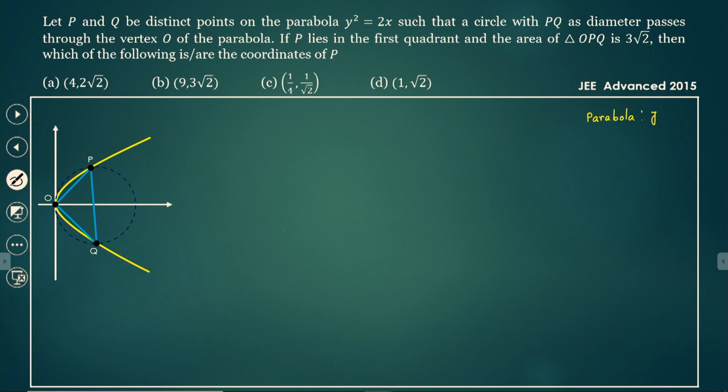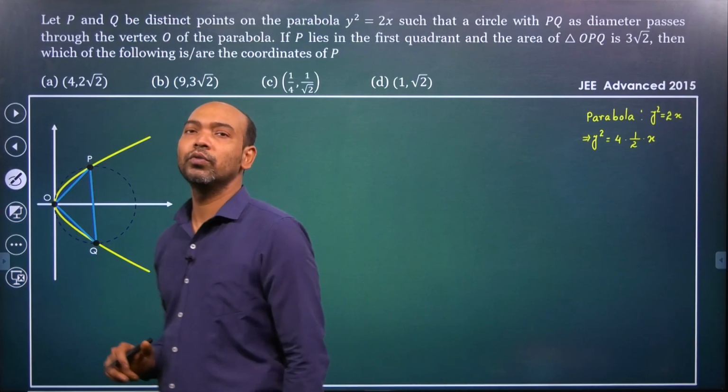The parabola is y square equal to 2x. That implies that this parabola can be written as y squared equal to 4 into 1 by 2 into x, in the general form y squared equal to 4ax.